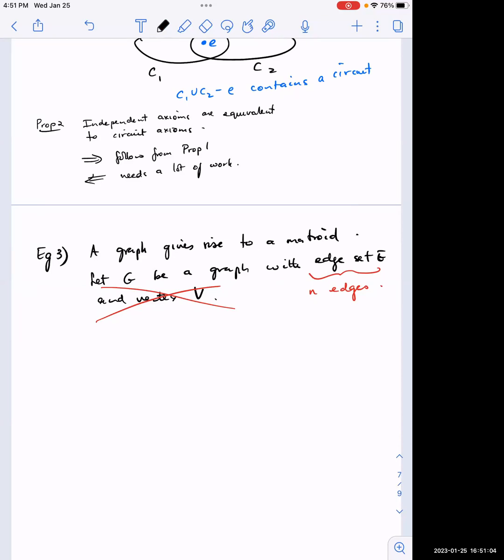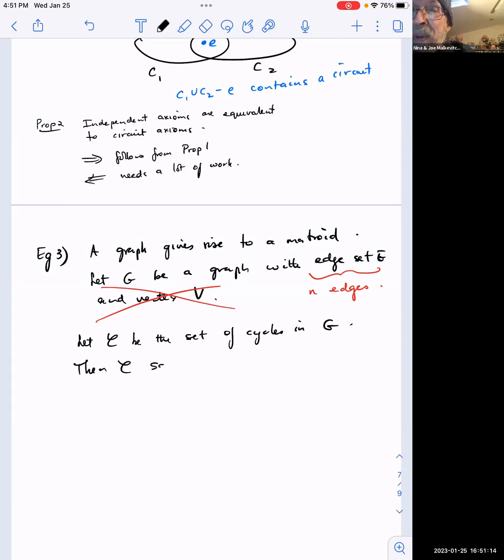So let C be the set of cycles in G. Then C. So are you allowing loops? And I assume you allowed. Yes. Okay. Yes. So that's another thing in matroid theory. It is customary to allow loops and parallel edges in the definition of graphs.